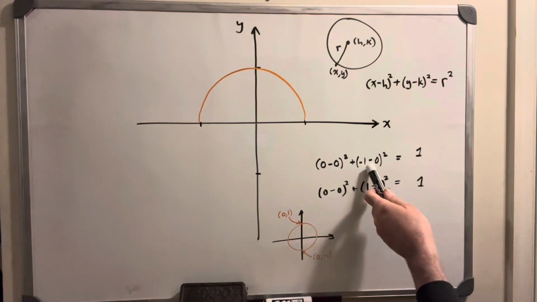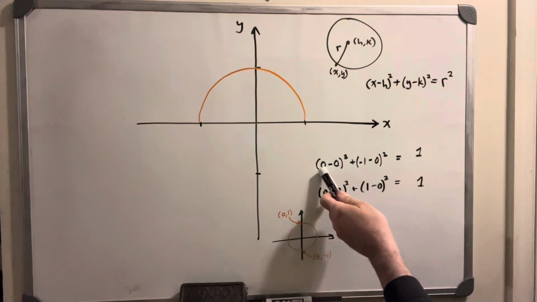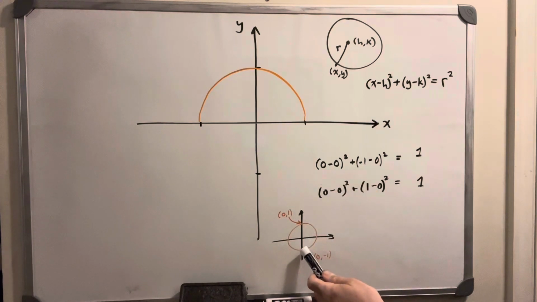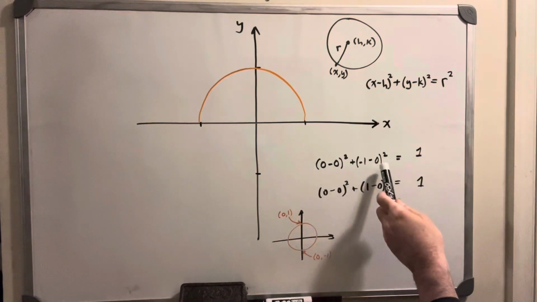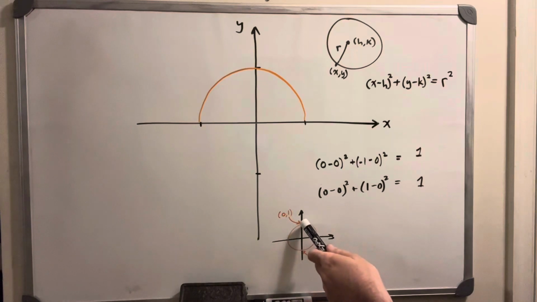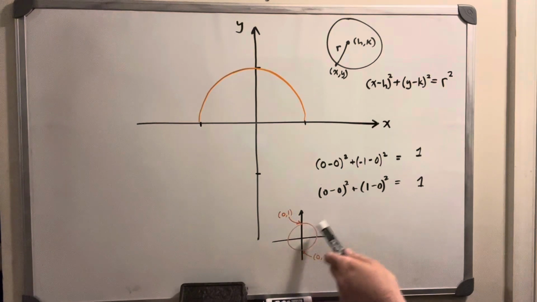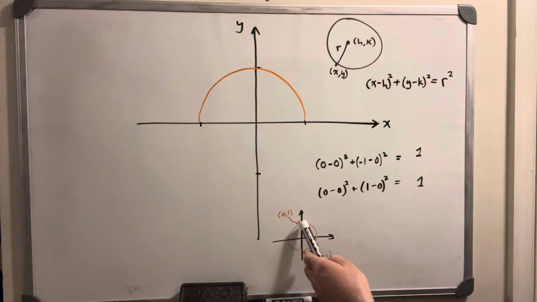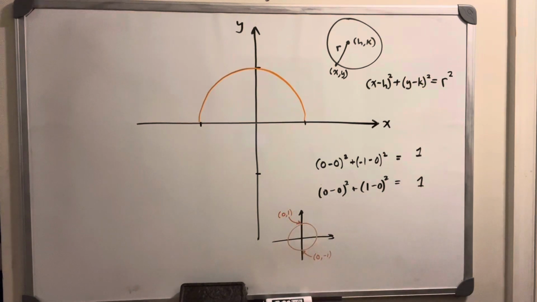Now this right here, this is the x, 0 and this is the y, -1. This is this point on the circle. And the radius, the distance from the center, is 1. Well, this point's distance from the center is also 1, so it is in the equation. You got 0 and 1.